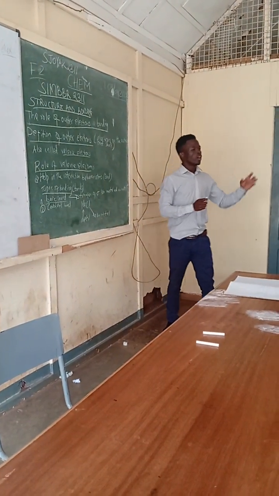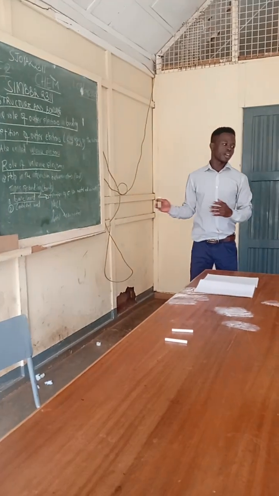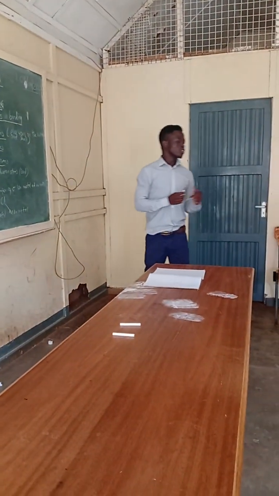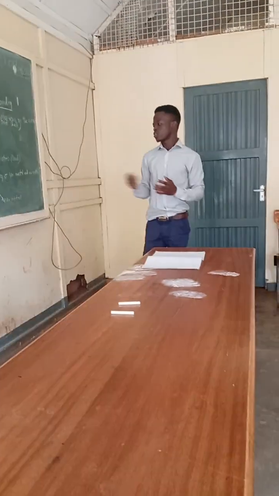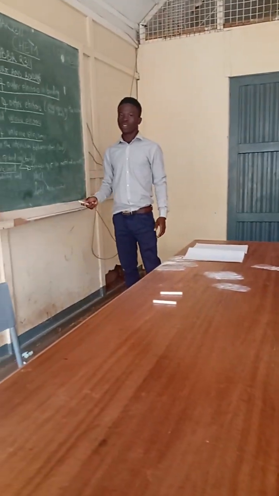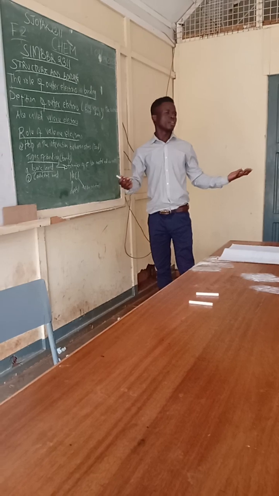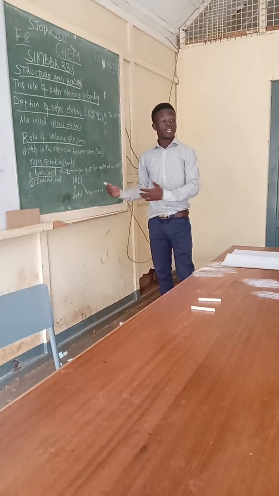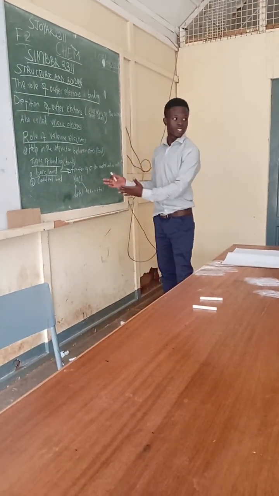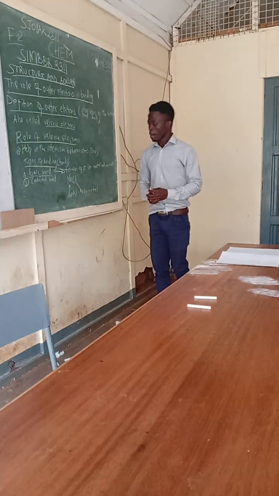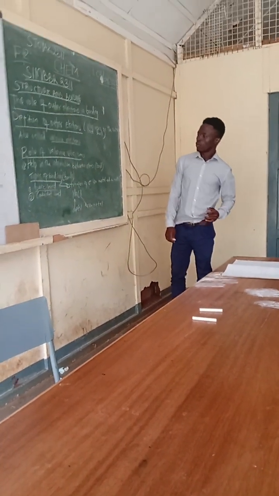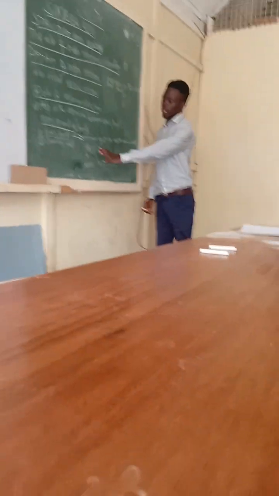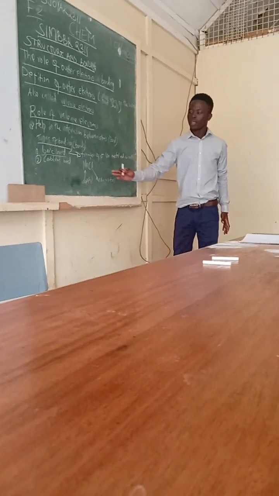I think you can see these bonds are essential in our daily lives. Sodium chloride is our normal table salt, right? So that's how it's applied. We use these bonds in our daily lives.